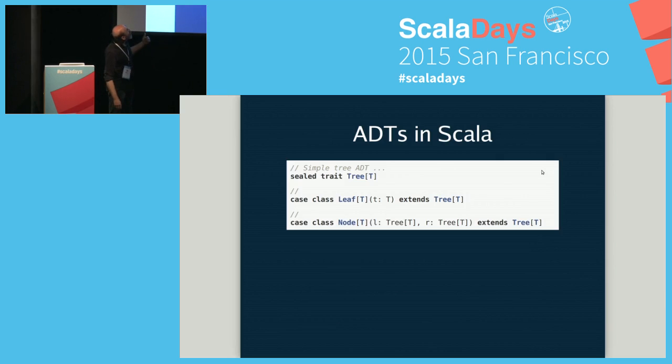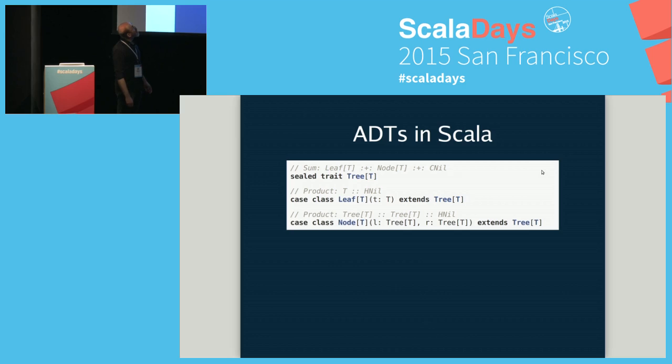Here's another example of the simple ADTs. We've got our sealed trait. This is one with a type argument in it, and a pair of case class instances of elements of that algebra. The way that we tend to talk about these things, at least when we're thinking in terms of generic programming, is to think in terms of sums of products.